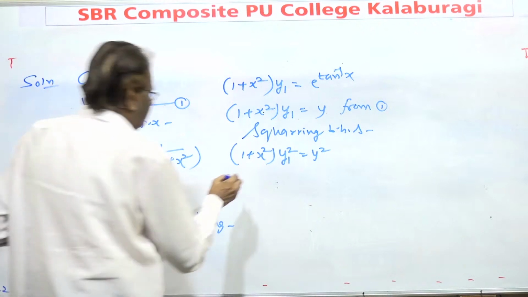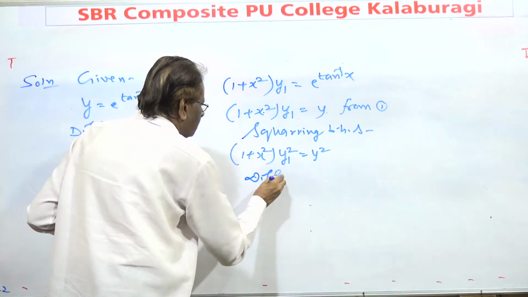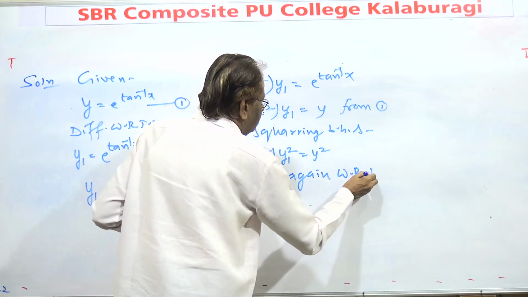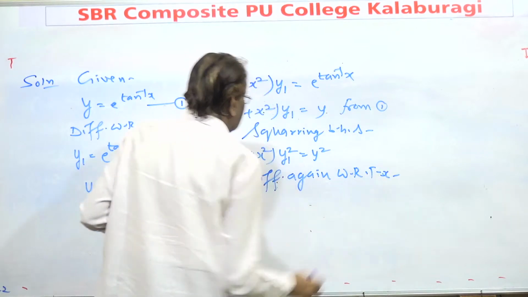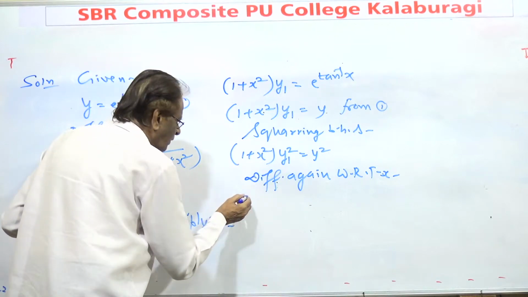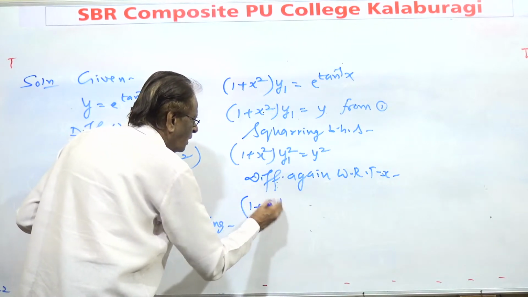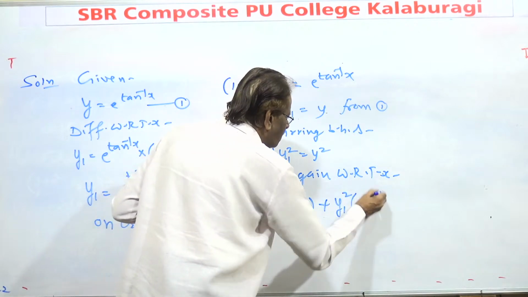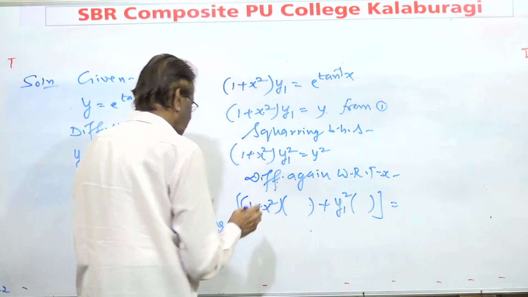Differentiating again with respect to x. Bracket first function, y1 squared second function. First function as it is, differentiate y1 squared, plus second function y1 squared as it is, differentiate bracket.